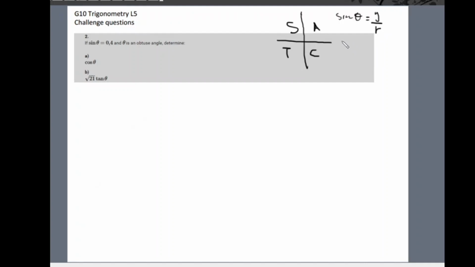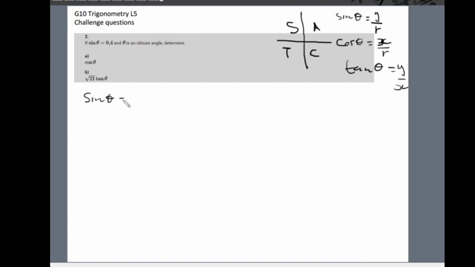And then sathi cos theta will be x over r, and then tan theta sathi will be y over x. Ne?